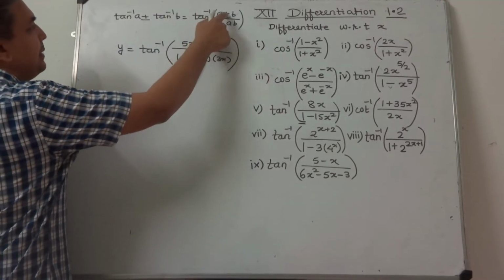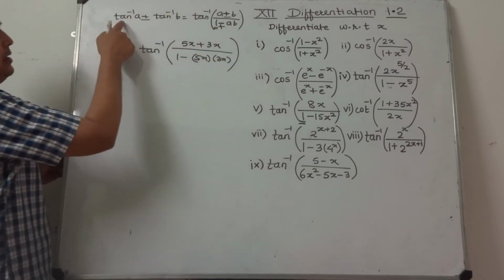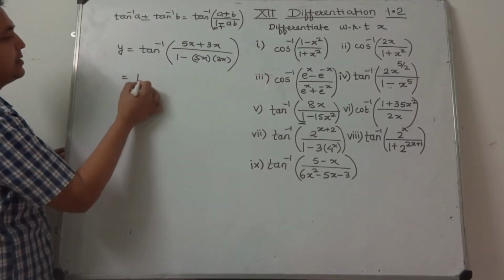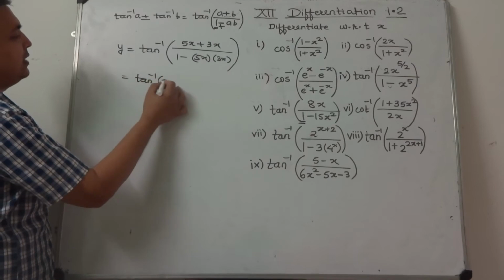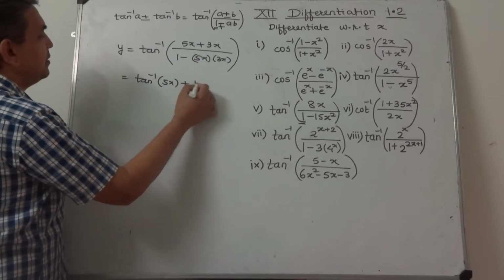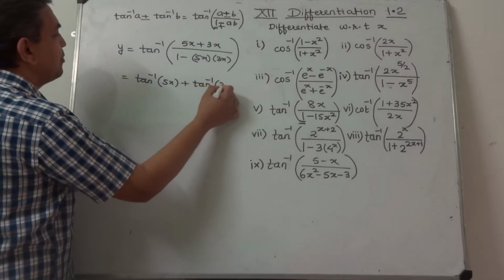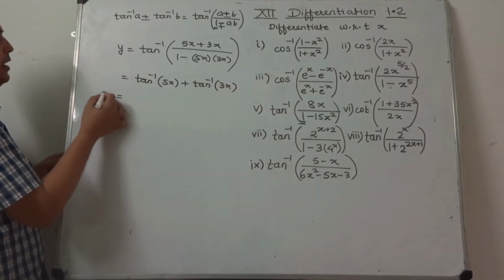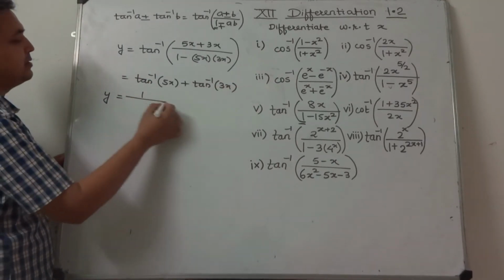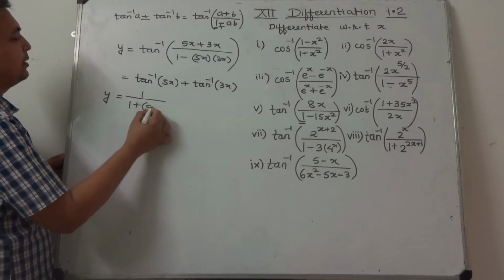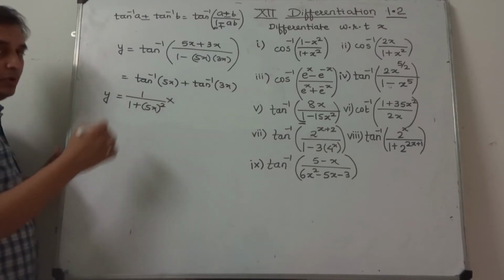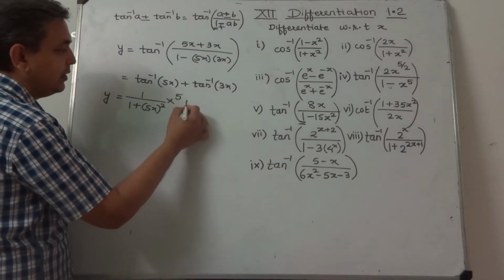Tan inverse of a plus b upon 1 minus ab is tan inverse a plus tan inverse b. So this is equal to tan inverse of 5x plus tan inverse 3x, and the problem becomes easy now. Derivative of tan inverse 5x is 1 upon 1 plus 5x whole square, chain rule, derivative of 5x is 5.